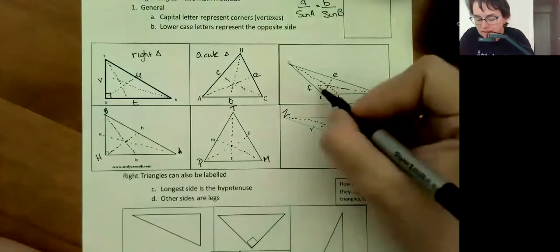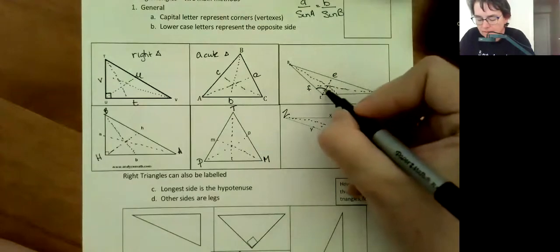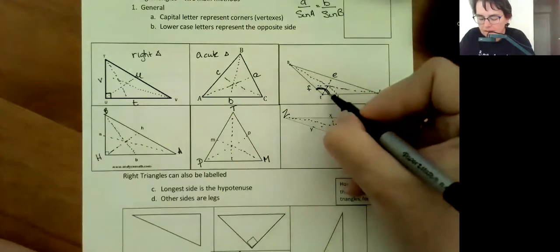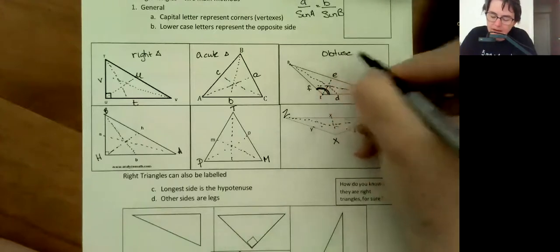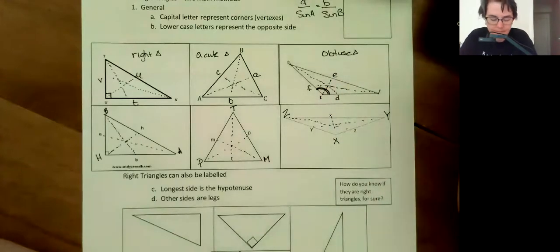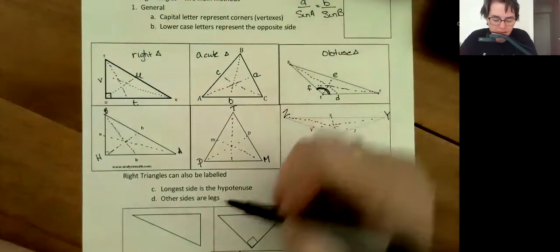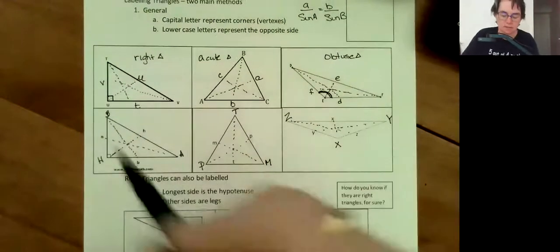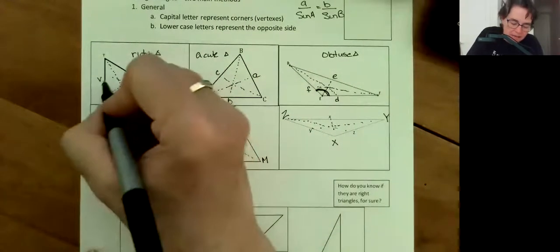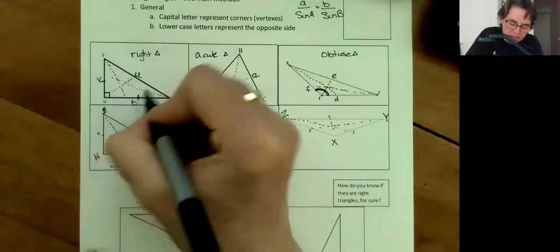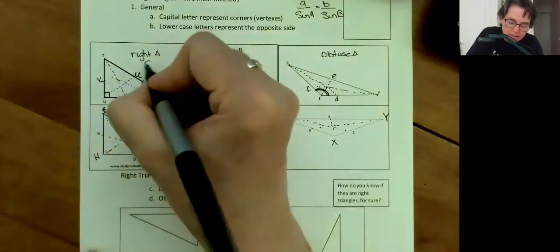In this one, you can see this angle here, and all we need is one of them. That makes this one an obtuse triangle. Now, if we talk in terms of the sides, let's go back to this first one. These three sides are all different lengths. So 1 and 2, which makes this scalene.